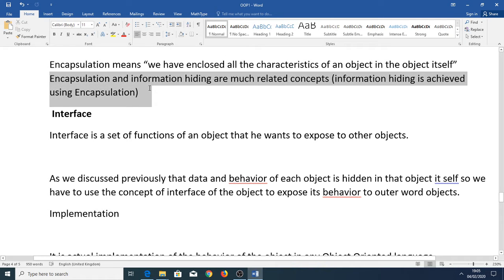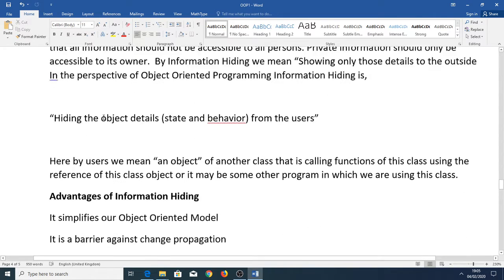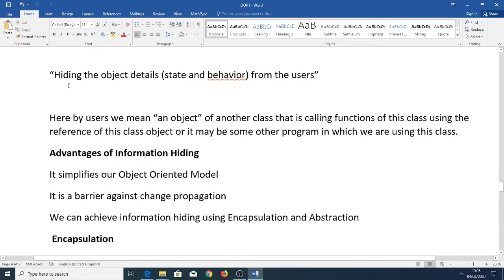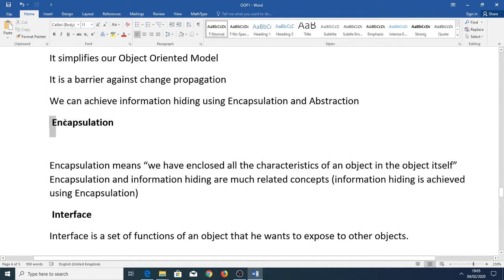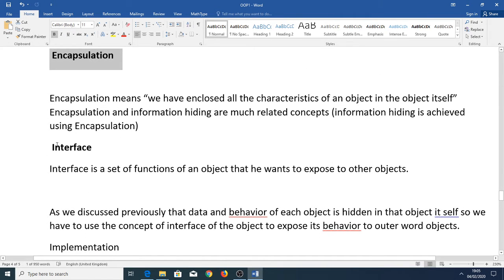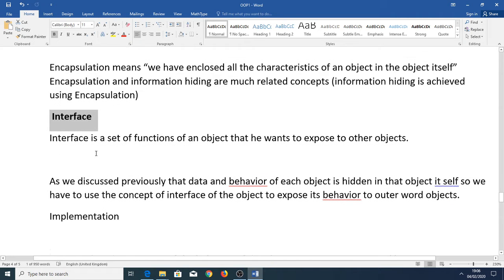Encapsulation and information hiding are much related concepts. Information hiding is achieved using encapsulation. Hope you have understood the concept of information hiding and encapsulation. Now let's move on to our next topic, interface.